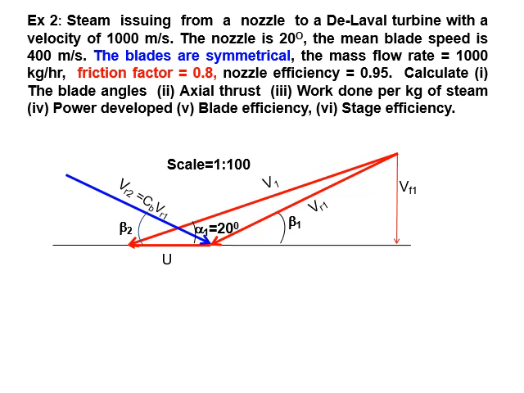Now the other end of VR2 is joined with the U line. So now we are getting the absolute velocity at outlet, and draw one perpendicular line here. That represents the flow velocity at exit. So now the velocity triangle is completed.